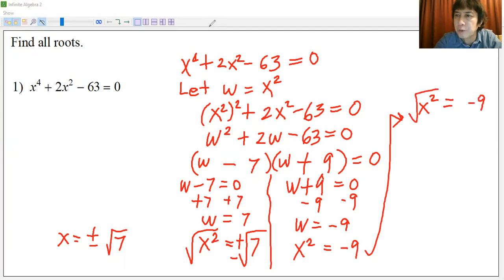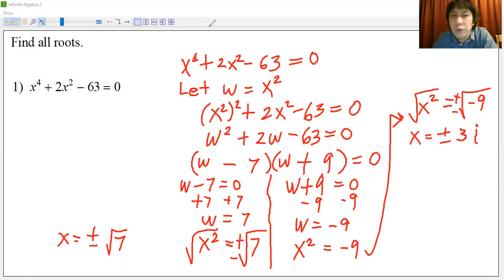Extract the square root. This is plus or minus. X is equal to plus or minus square root of negative 9. So we're going to encounter imaginary. Okay. So we will have 3i. Square root of 9 is 3. The square root of negative 1, that's imaginary there.